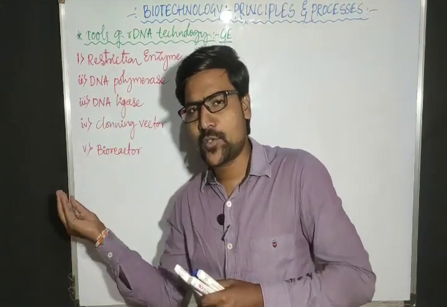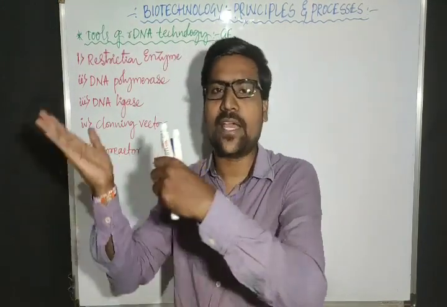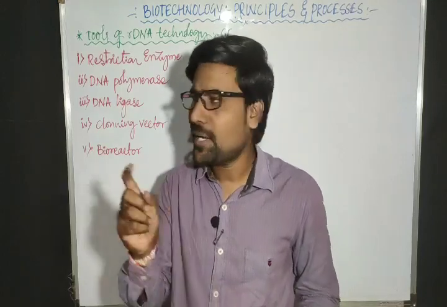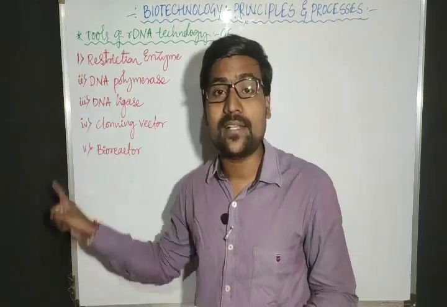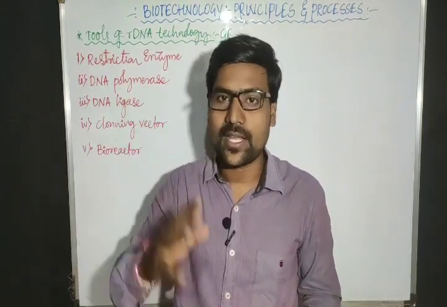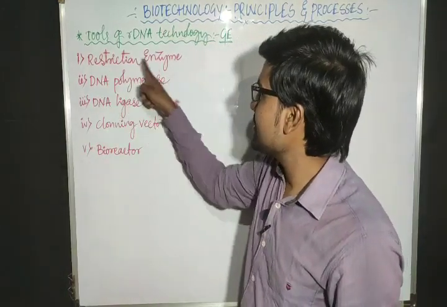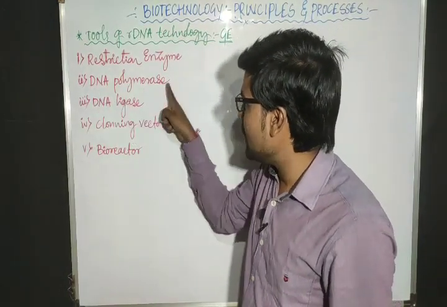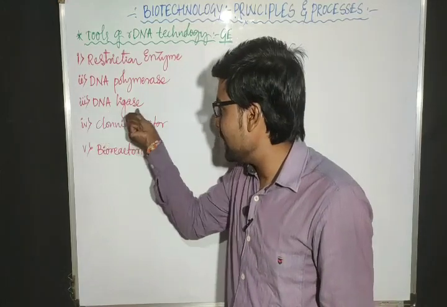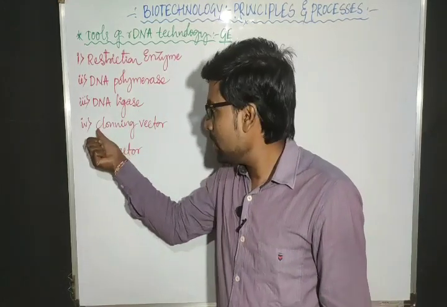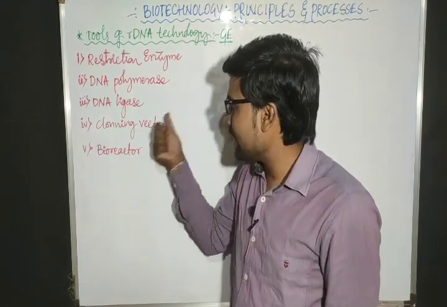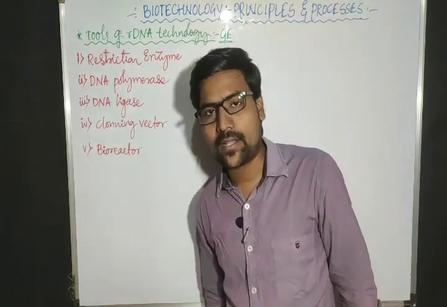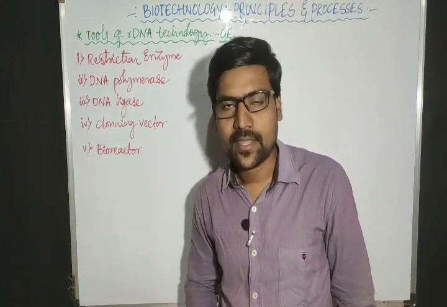Not only these 6 tools; apart from them we have so many other tools, but these are the major materials required for construction of rDNA. So the first one, restriction enzyme. Second, DNA polymerase enzyme. Third, DNA ligase enzyme. Fourth, cloning vector. And the next one is bioreactor. These are the major things, right?